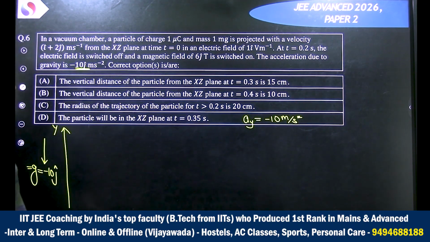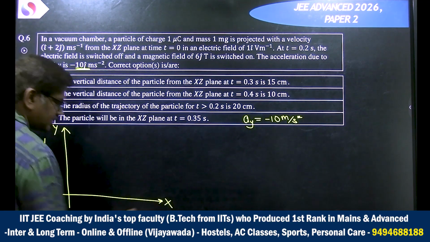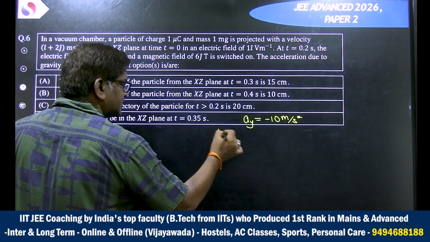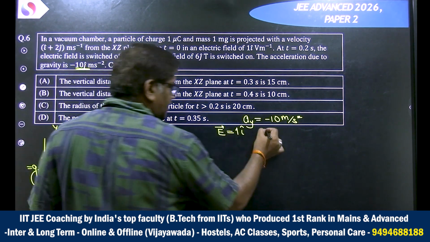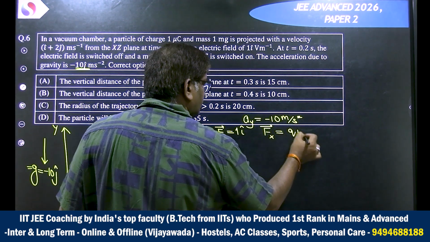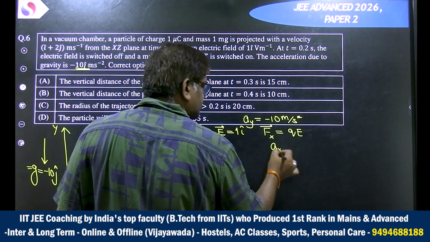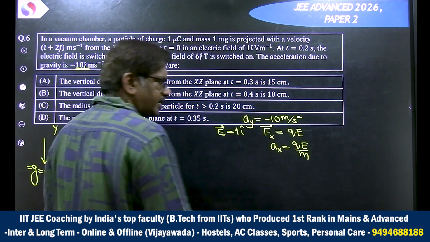Then the electric field is in the i direction, so this is the x-axis. The electric field is 1 i cap. That means the initial force in the x direction is qE, and the initial acceleration in the x direction is qE by m, as E is in the x direction only.